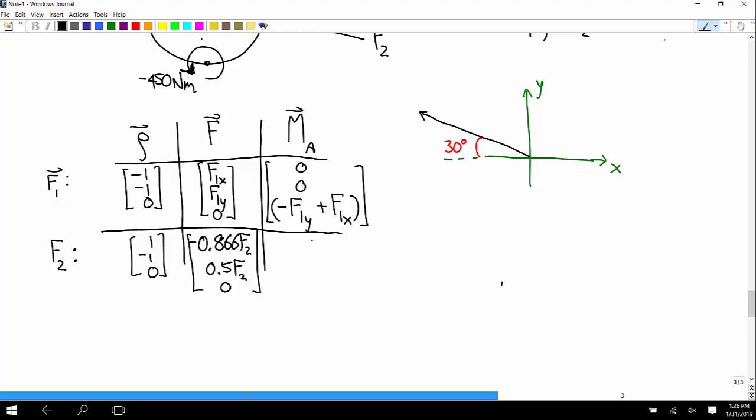And the cross product is 0 for x, 0 for y, like always in 2D problems. And then 0.5 F2 minus 0.866 F2. Since that's all F2s, we can write that. So that's 0, 0. And so that's negative 0.366 F2.